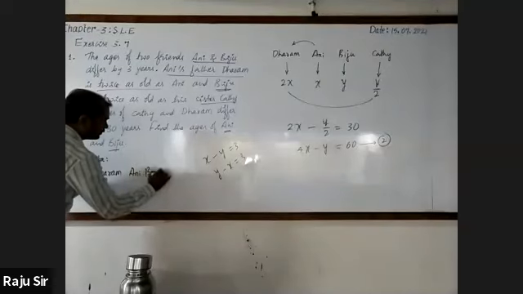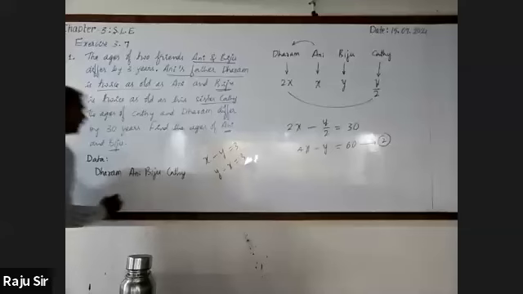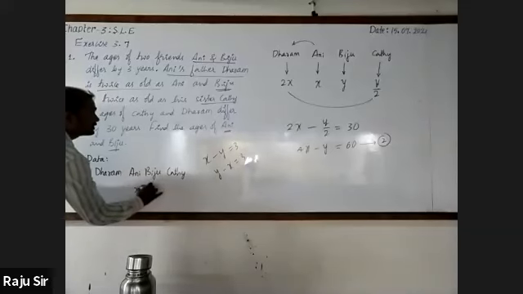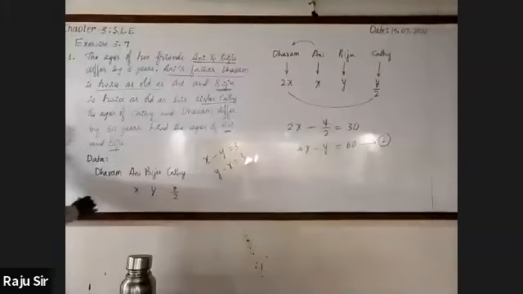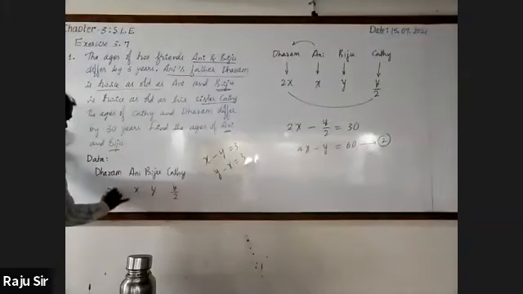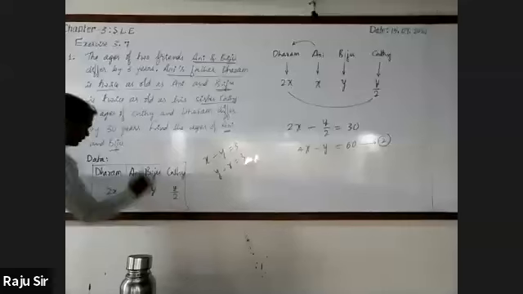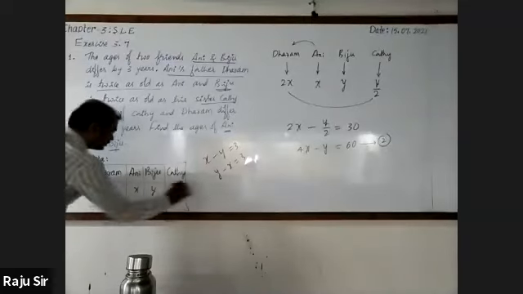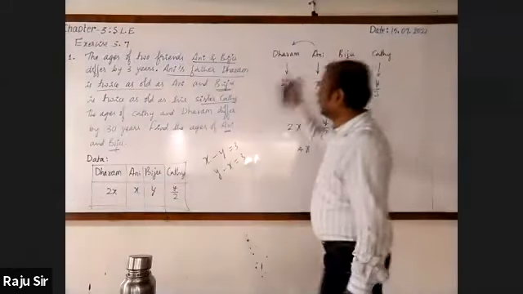Ani is X years, Biju is Y years, Kathy is y by 2, and Dharam is 2x years. Now I'll write the data from here.